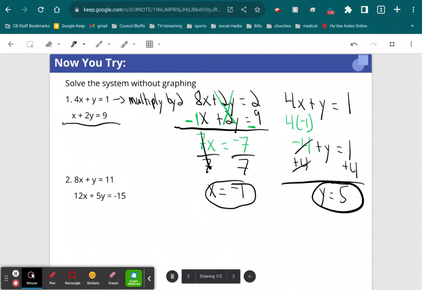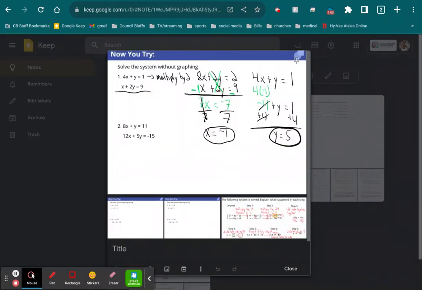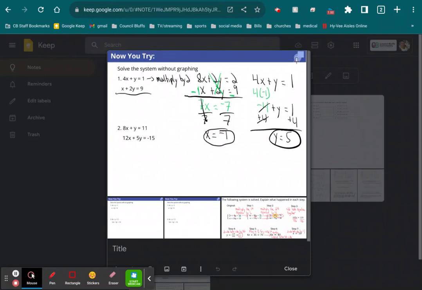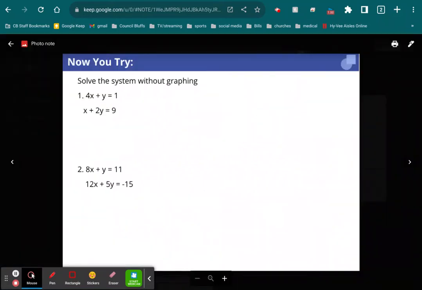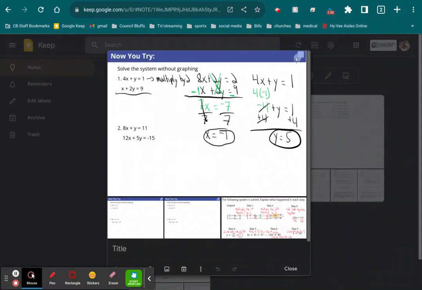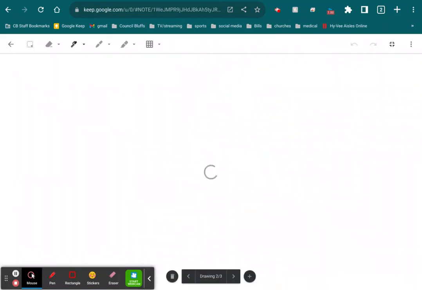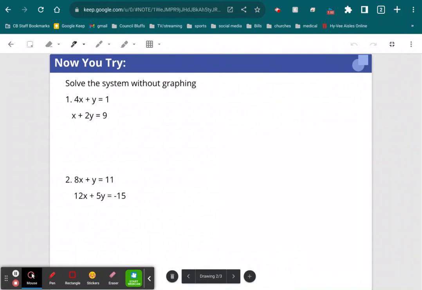Okay. Let's take a look at the second example here. And let me clear out my whiteboard to allow me to do the second one. So again, for the second one, I can't add or subtract the two equations. If I add them, neither variable goes away.